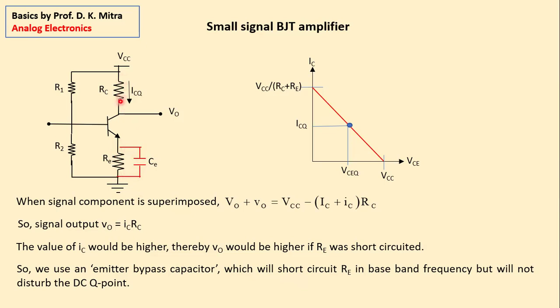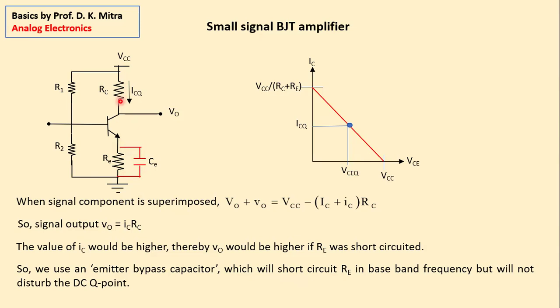Now, this is a signal amplifier. Let us say you use an audio amplifier. Audio frequency normally ranges from 500 to 600 hertz up to maybe 5 kilohertz, and normally we test all audio amplifiers at 1 kilohertz.